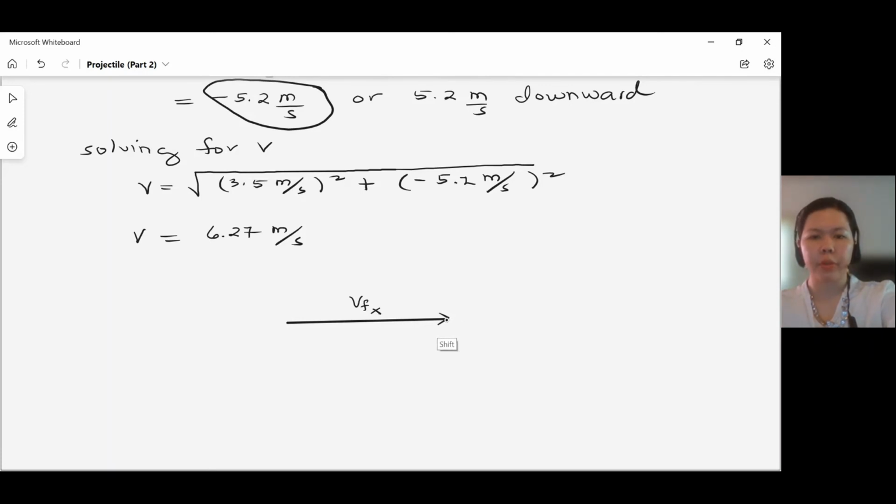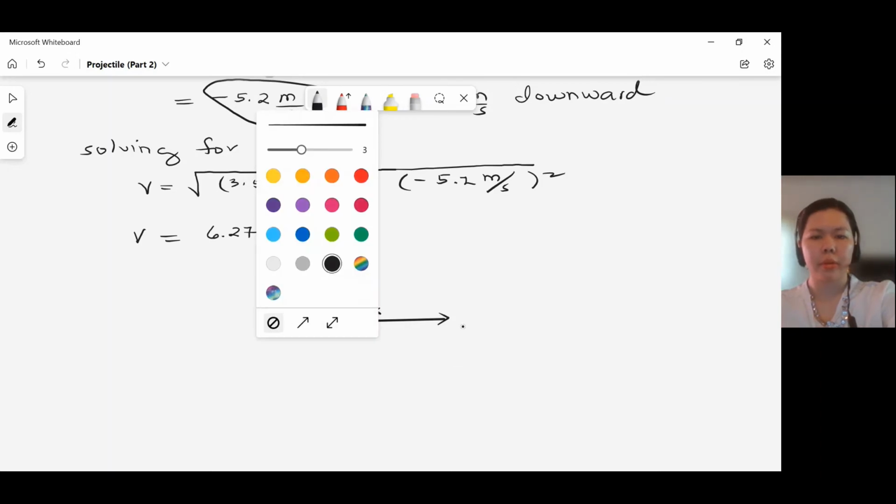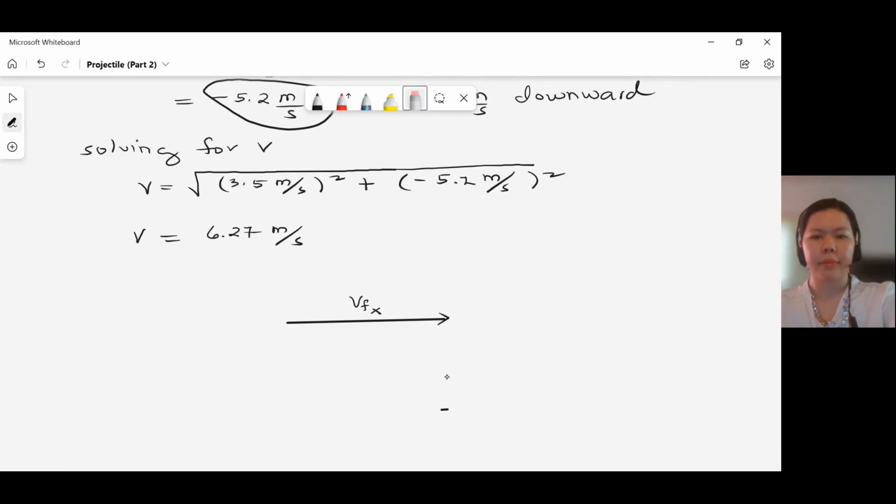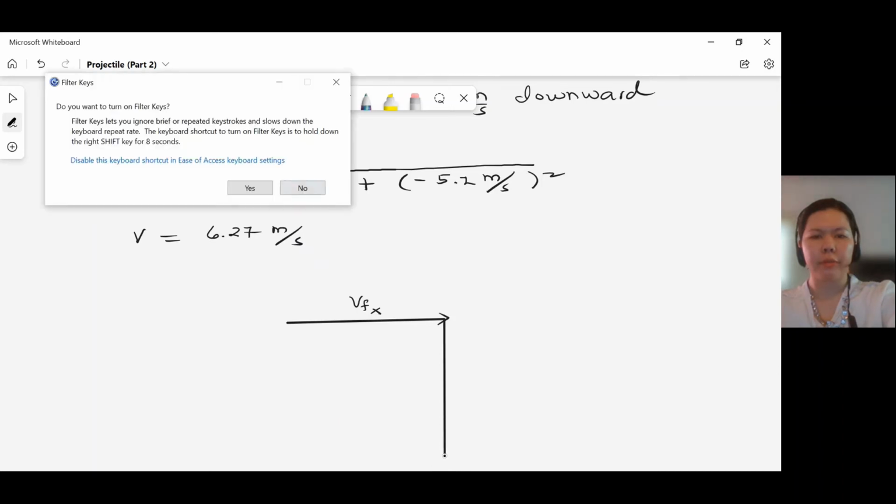It's negative 5.2, so going down. Of course, this is longer because it's 5 and Vfx is just 3.5. But that's a rough sketch.